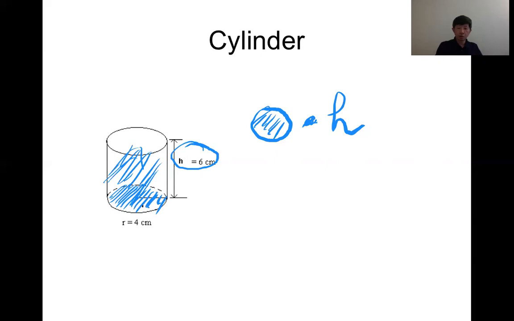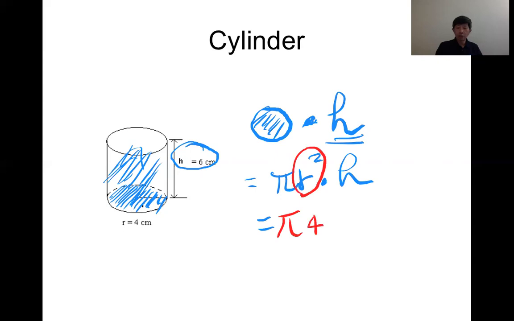Now the area of a circle is what? Pi r square. And then we times how many? How tall are we going to fill in? We're going to fill in h, right? So therefore, we fill in this pi. Actually, r is equal to 4 square, right? What about h? H is equal to 6, right?